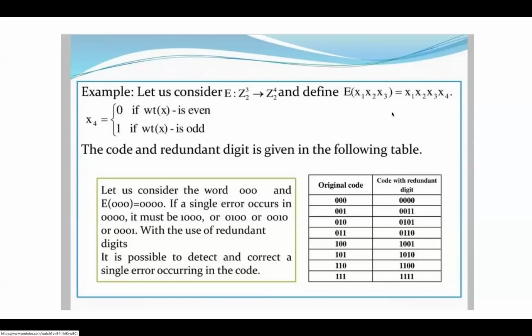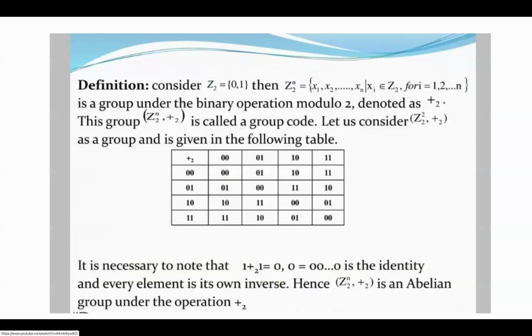It is an example. Suppose z square is given and we have to take z raised to 5 or something like that. Different conditions can be there, not only 3 and 4, and many other examples may be there. It is the concept of group codes.